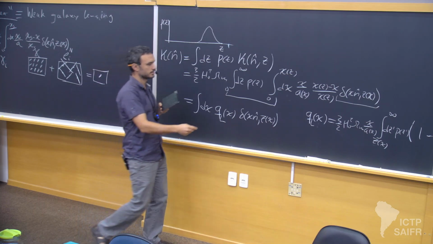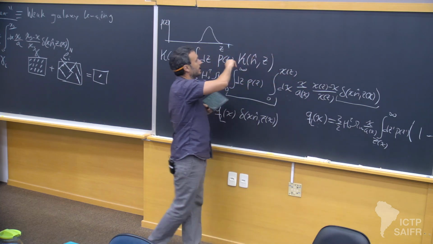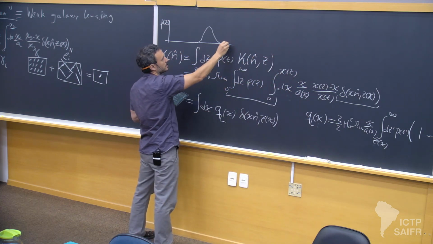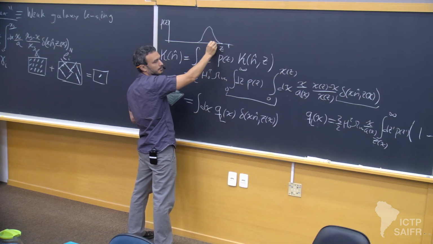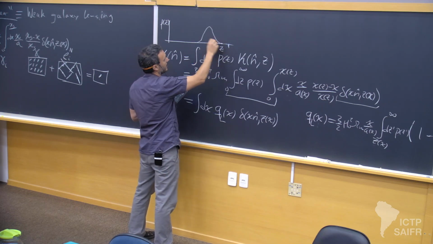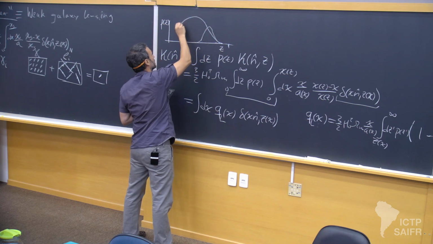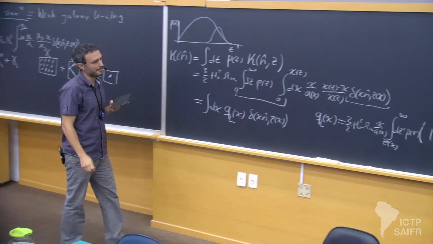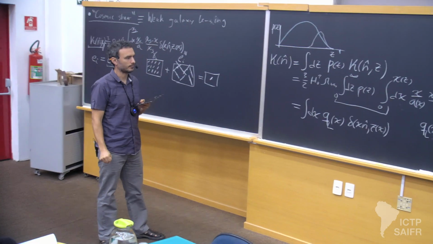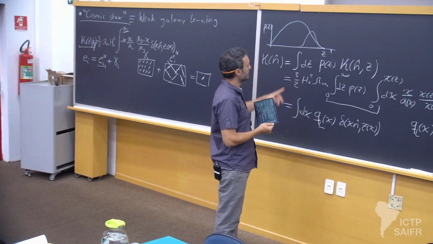Yeah, 0, because P of z at all those redshifts is just 0. We're beyond the P of z, right? So here it will be 0, 0, 0. So it will be 0 up until the point where we get to P of z, and then it will start picking up, and then eventually die down like that. So this is the shape it has.